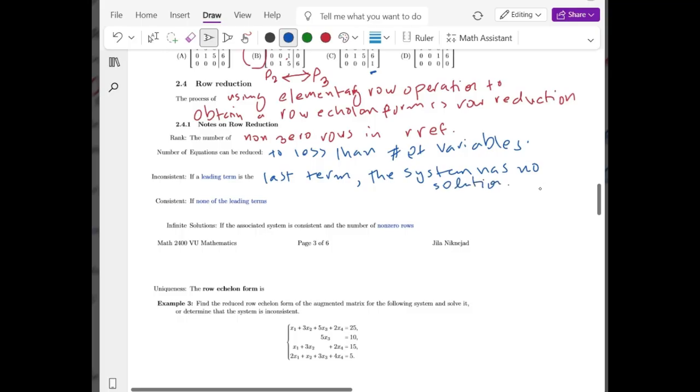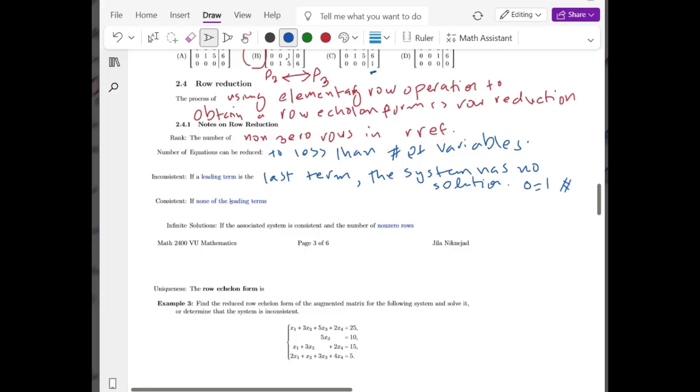It's inconsistent. That's the same thing as saying that the left-hand side is all zeros and it's equal to 1, and that's just not possible.